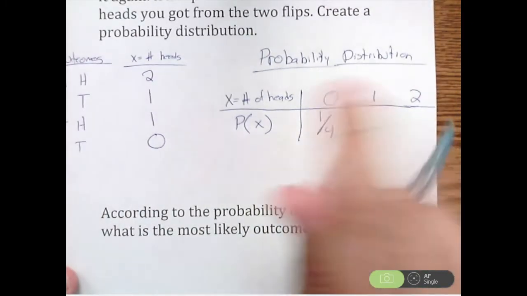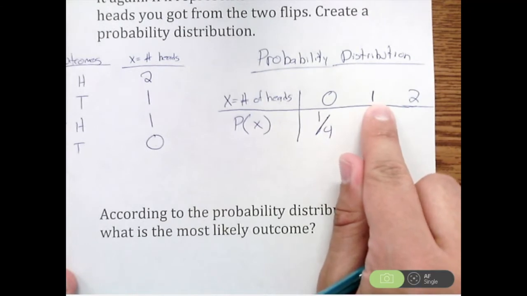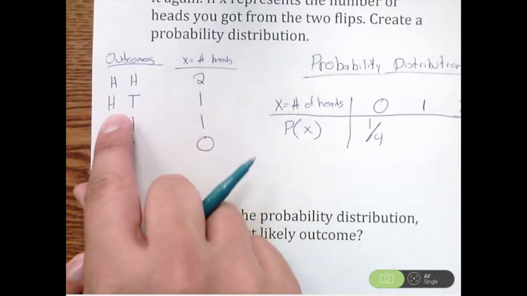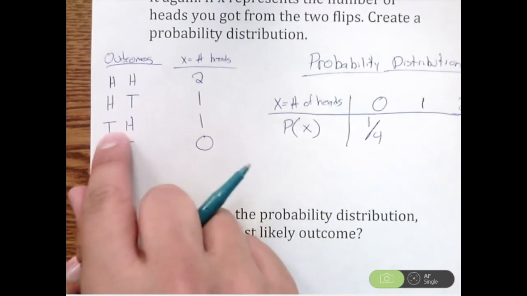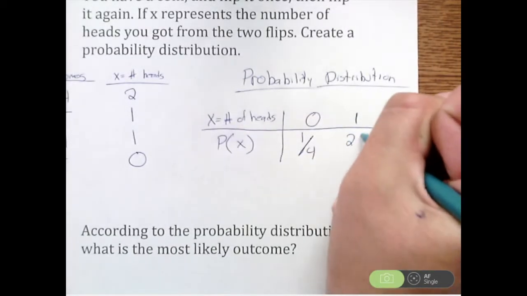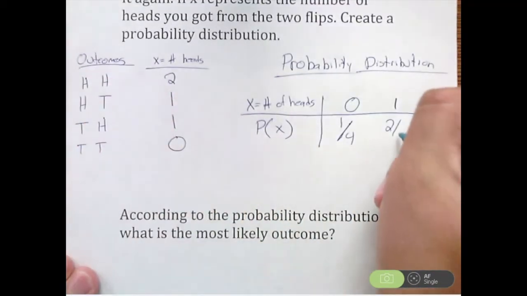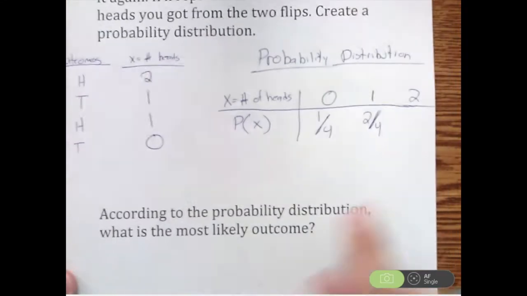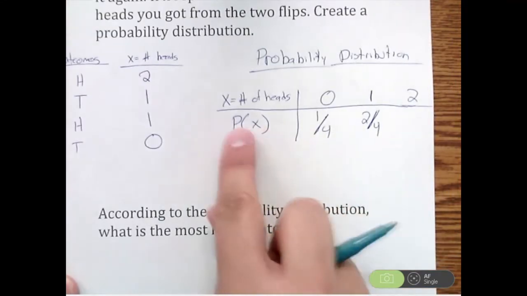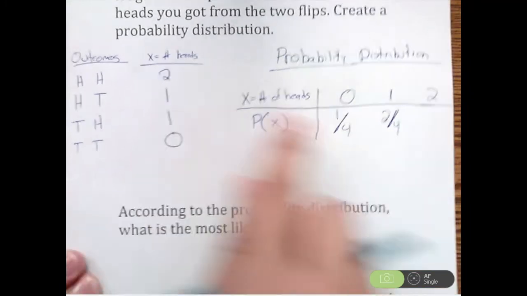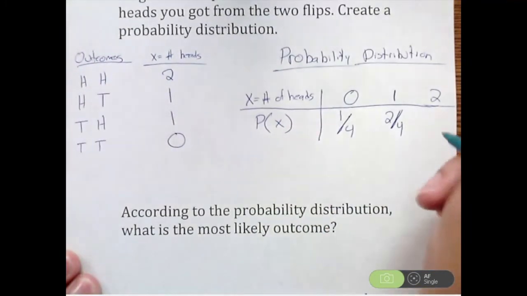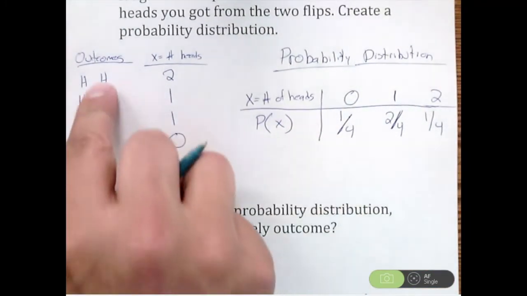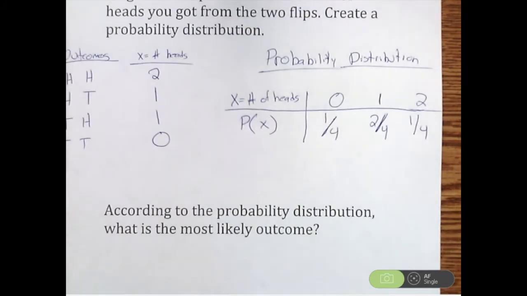And then let's move on to the probability that we get 1 head. Well, it happens with a heads tails and a tails heads. So it happens 2 times out of 1, 2, 3, 4 total outcomes, 2 out of 4. And then what's the probability that we get 2 heads? Well, it happens once out of 4 total outcomes.